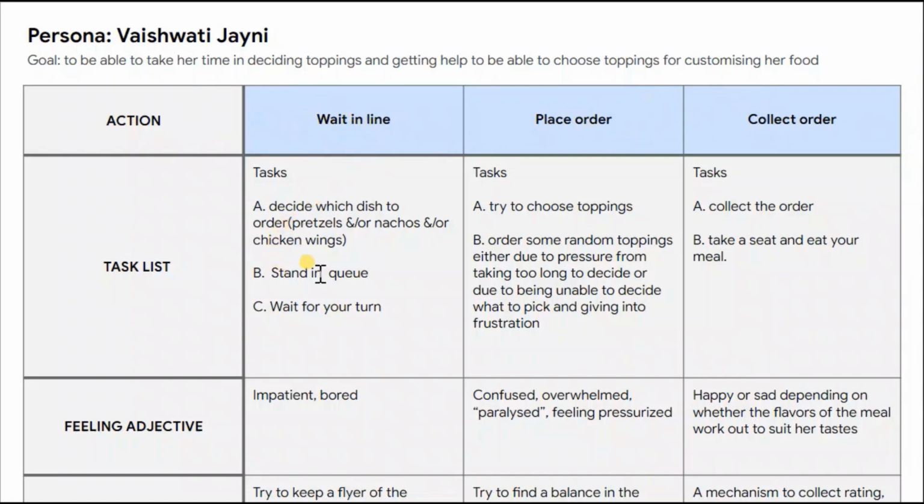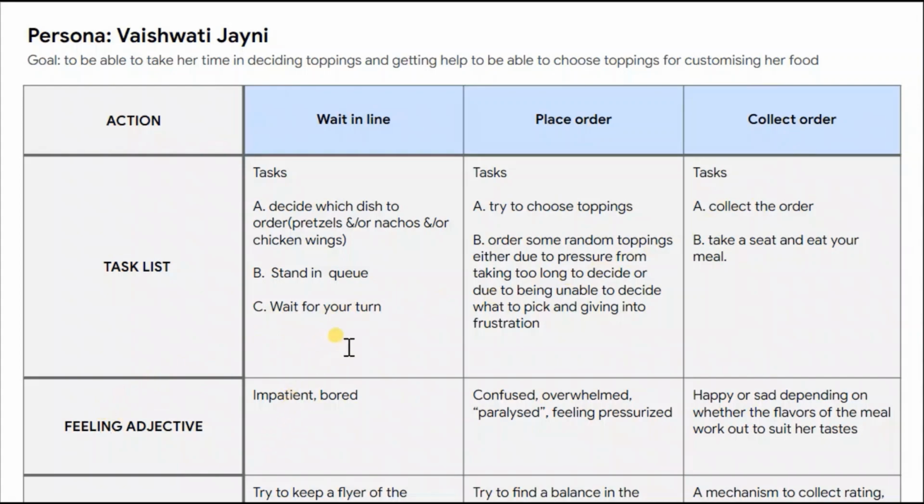In the wait in line stage, the main tasks are to decide which dish she wants to place an order for and to stand and wait for her turn. The place order stage is where she experiences confusion, and this is the stage where we see our persona experiencing most of their pain points. And the last stage would be to collect the order.